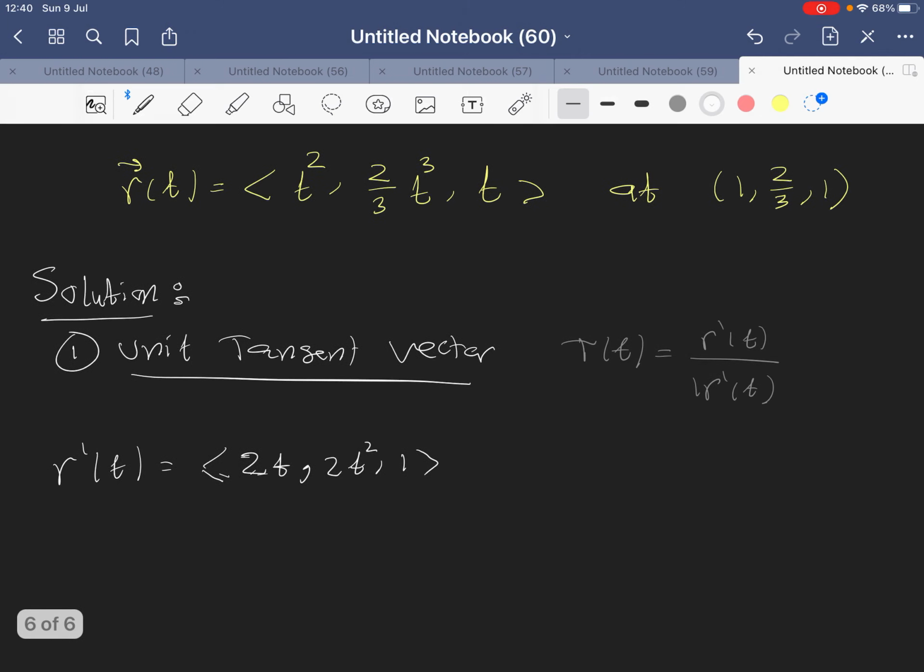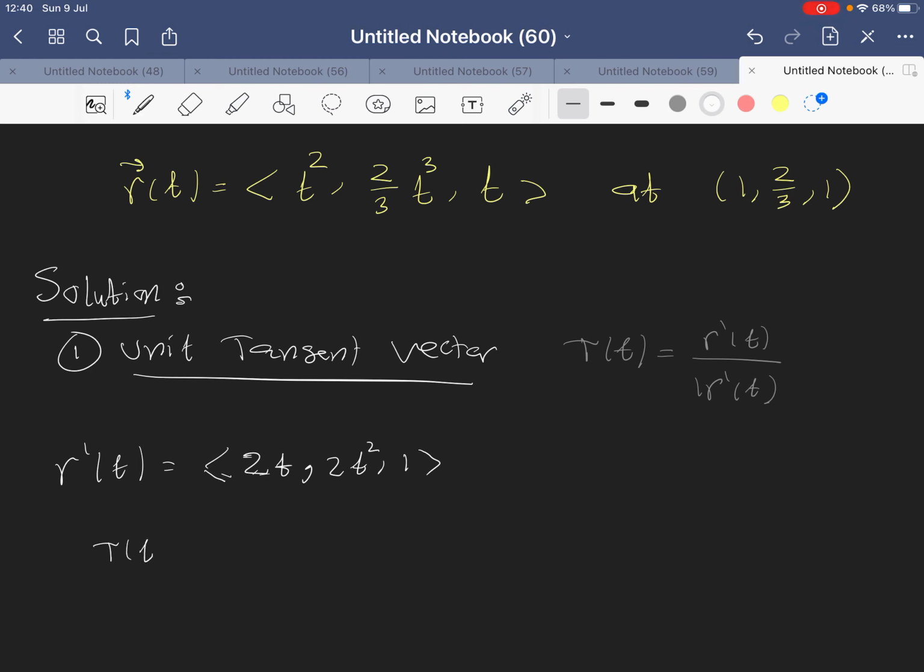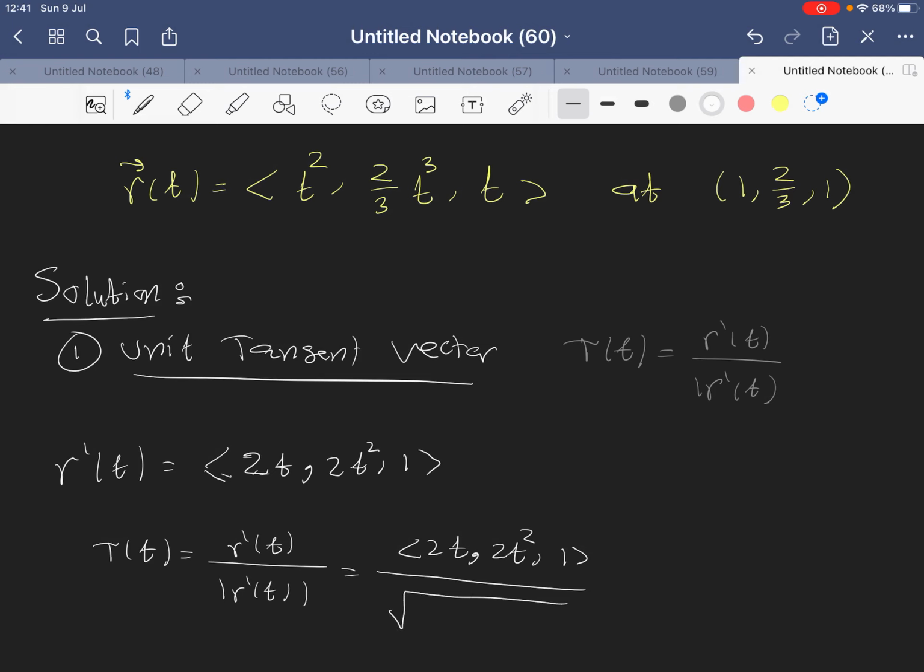And now we need to substitute it here. So T of t equals the first derivative over the magnitude of the first derivative. So the first derivative is 2t, comma, 2t squared, comma, 1 over the square root of each component squared. So it would be 4t squared plus 4t to the power 4 plus 1.